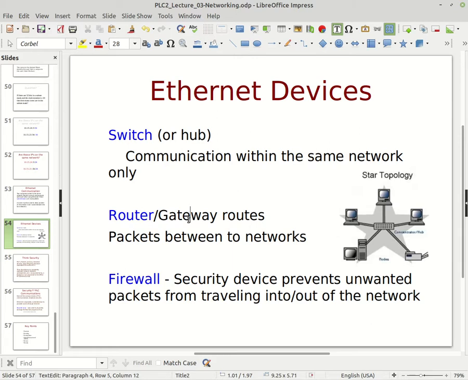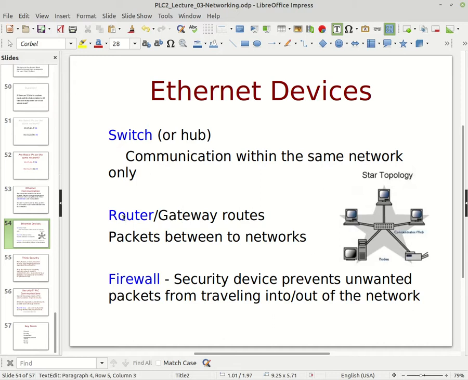And each one would have to have a unique address. If you put two of them on there with the exact same address, it may kind of work sometimes, but you're going to have conflicts. They're going to get confused about who you're talking to. So they need to have a unique address on that network.